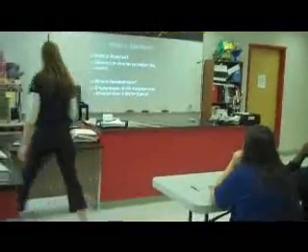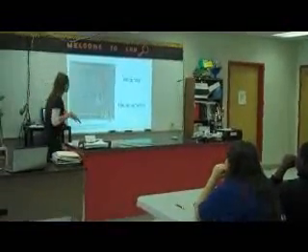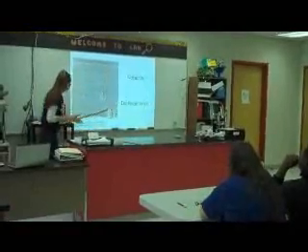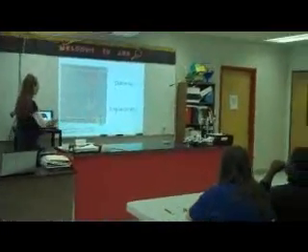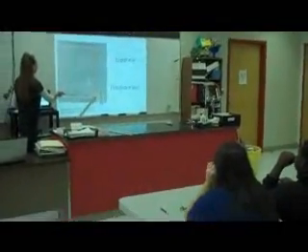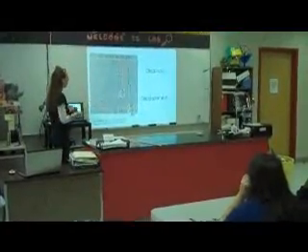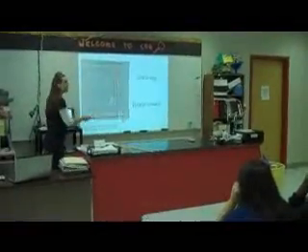Okay? I really like this example from your book, so I scanned it in. Exactly what I did. A football player. He starts at the end line, runs up 50 meters, turns around, comes back 20. Okay? What is his distance?